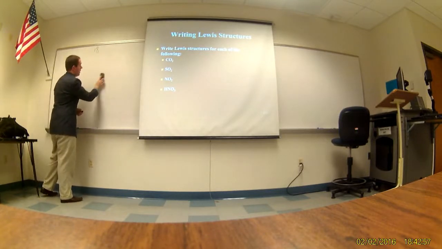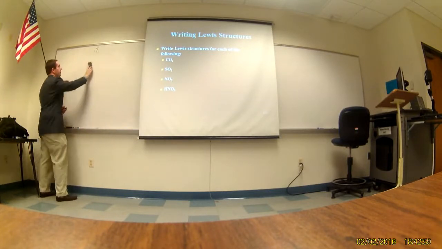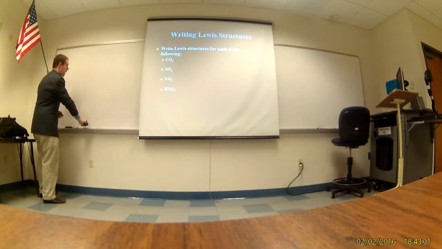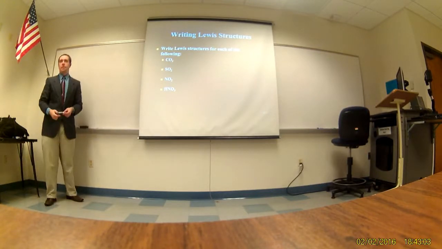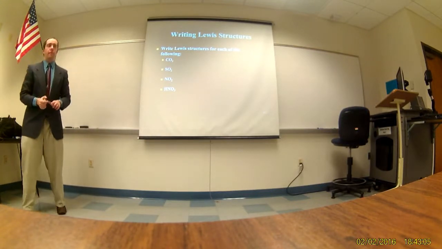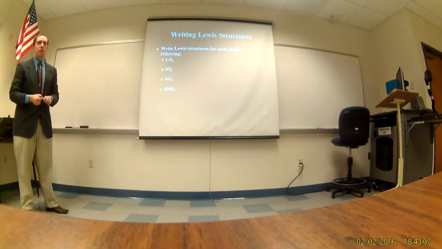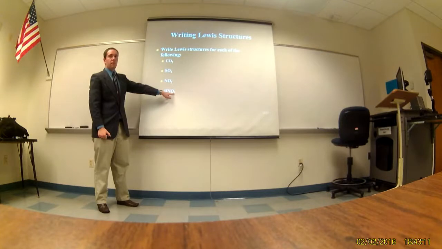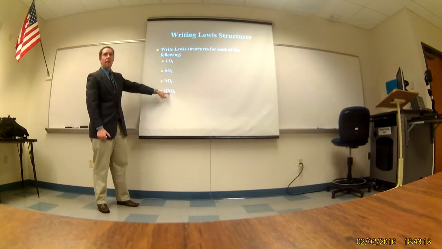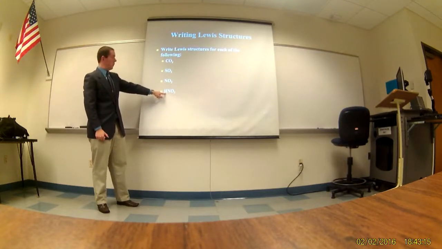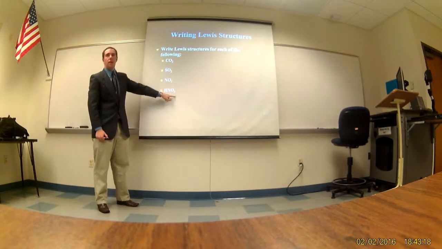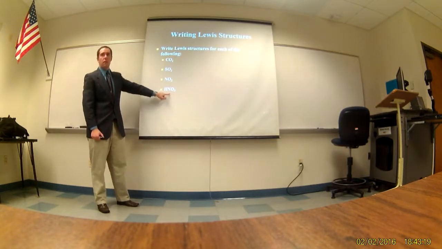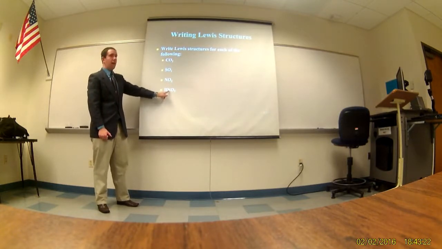Now we have HNO3. How many electrons do we have now? 24. So we've got 6 times 3 is 18, plus 5, plus 1. How many? 18 plus 5 is 23.